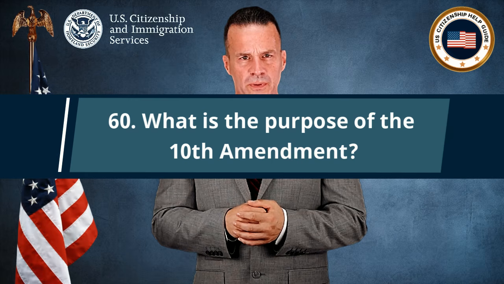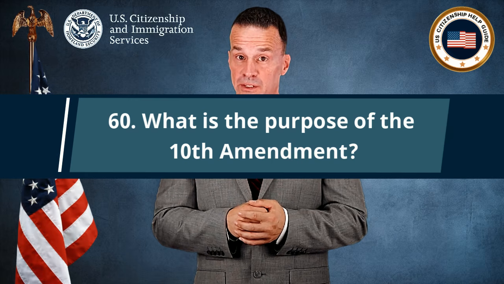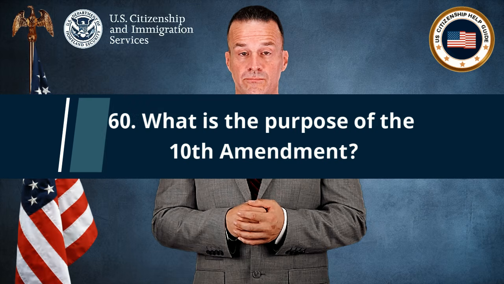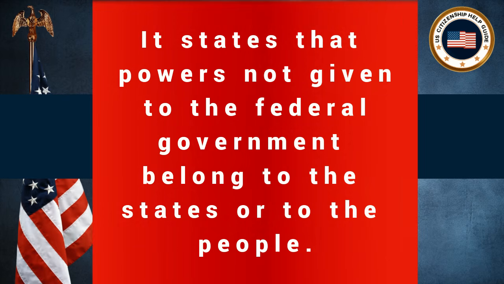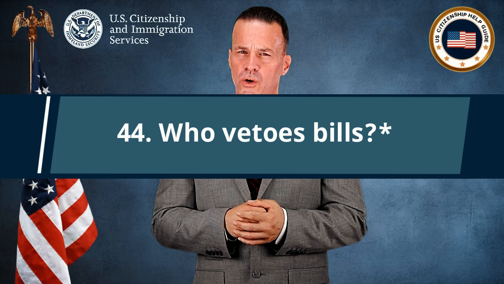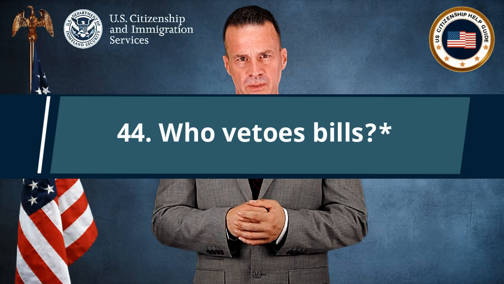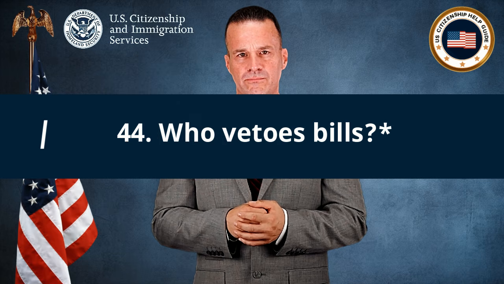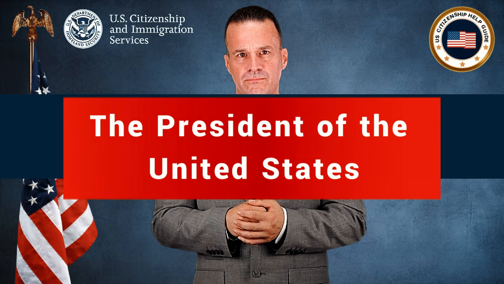What is the purpose of the 10th Amendment? It states that powers not given to the federal government belong to the states or to the people. 44. Who vetoes bills? The President of the United States.